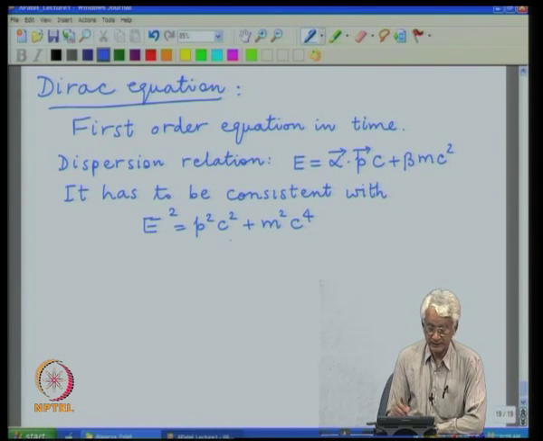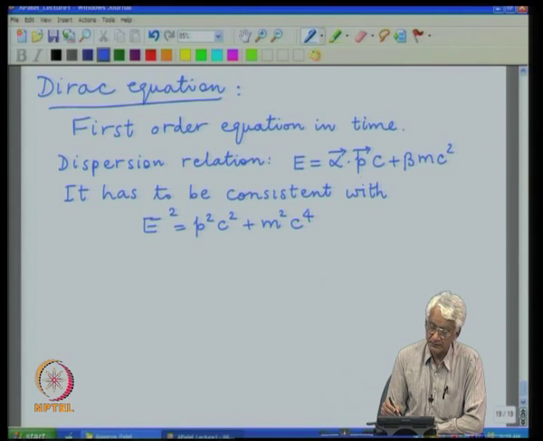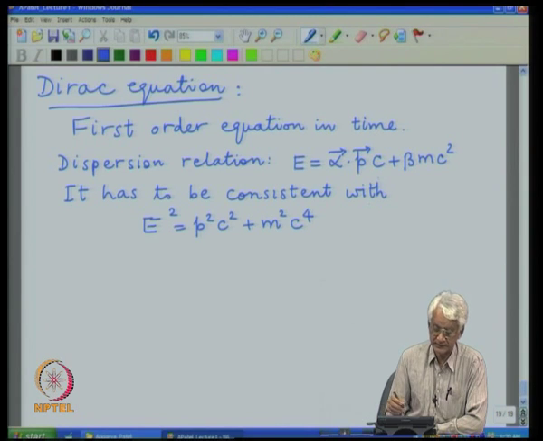One must get back the quadratic dispersion relation, which is known to be true, from this particular equation, and for that Dirac had to go beyond the ordinary number systems, and he sought the generalization in terms of alpha and beta being matrices. That was not unfamiliar territory for him, because he was actually trained as an electrical engineer and was very familiar with dealing with matrices and linear algebra, and he just applied that knowledge to this particular structure.